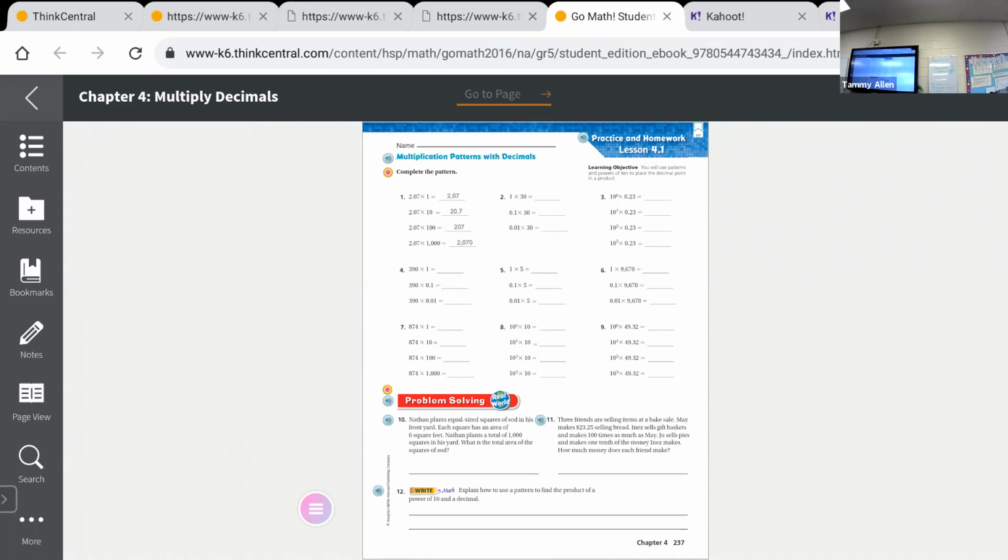Number 8, 10, 100, 1,000, 10,000. Number 9, 49 32 hundredths, 493 2/10, 4,932, 49,320. Are there any questions on any of those?